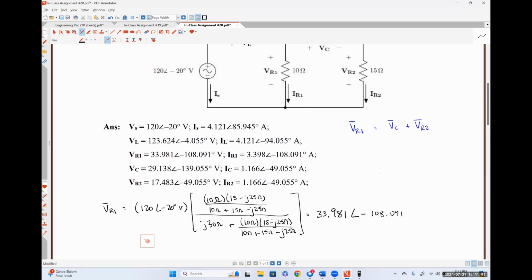There we go. So 33.981 angle negative 108.091 degrees volts.